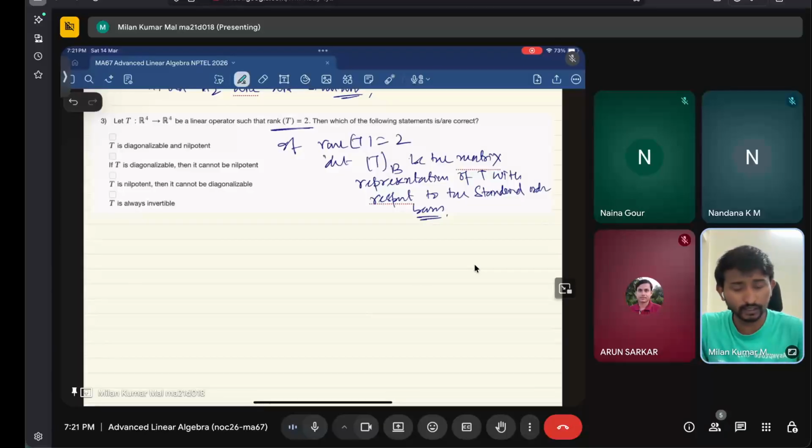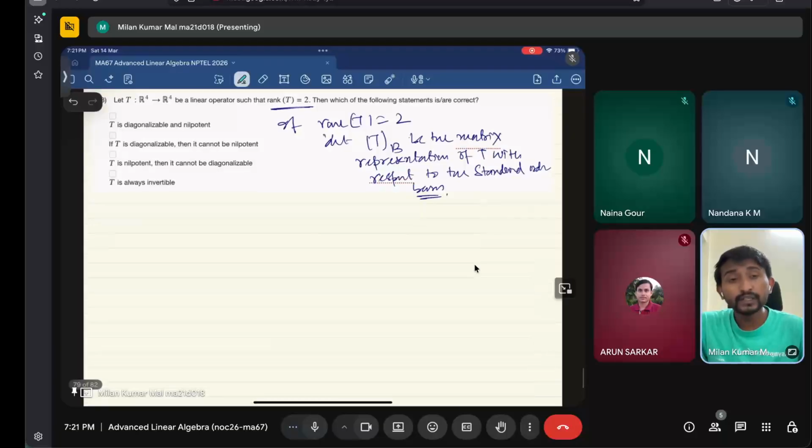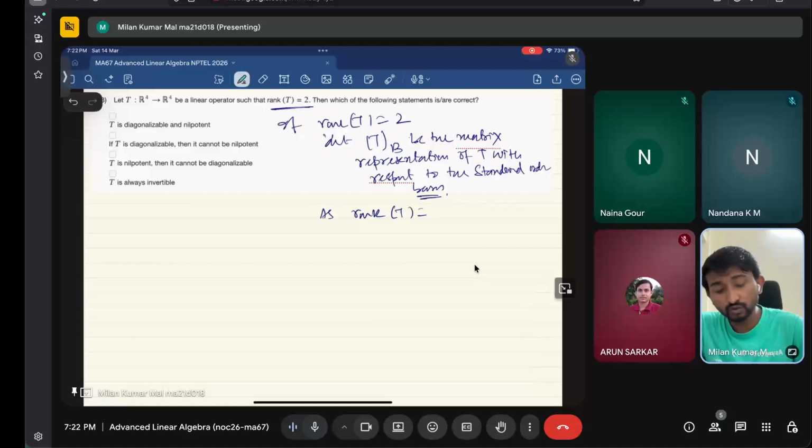I am not going into the matrix actually, as nothing else is given here. So rank of T is 2, and that says two facts. The first fact is that TB is not 0, though nilpotent can be possible.